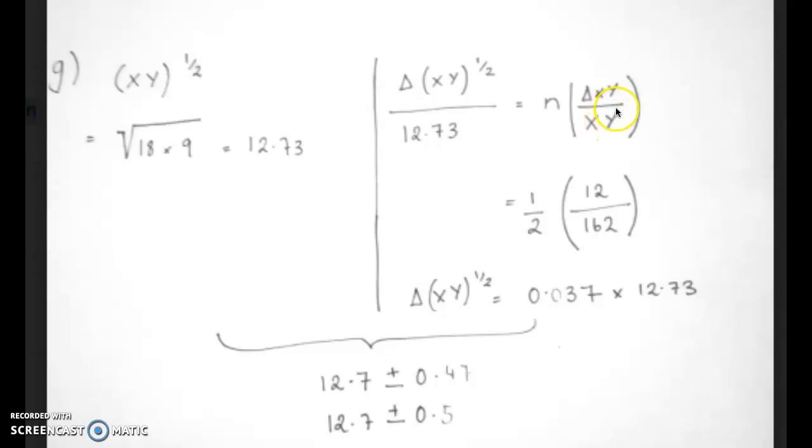If you remember from question E, delta xy was 12 and xy was 162. So now if we multiply that by the power, which is a half, we will end up with an uncertainty of 0.47, which we're going to round to a sensible amount, one decimal place, which would be 12.7 plus or minus 0.5.